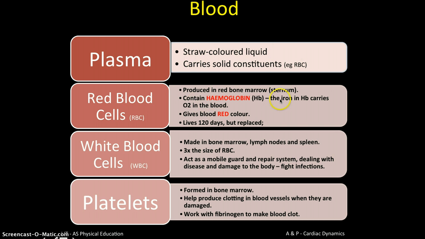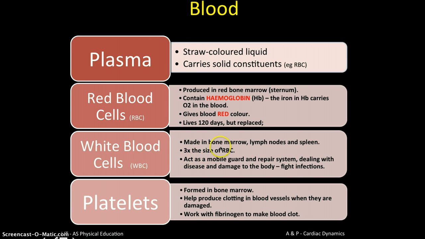Red blood cells are associated with oxygen transport. So red blood cells produced in our bone marrow contain hemoglobin, and hemoglobin is the oxygen carrier of the blood. So oxygen attaches to the iron element of hemoglobin and carries it around, and this makes it red in colour. So arterial blood, which has got a lot of oxygen, is typically bright red.